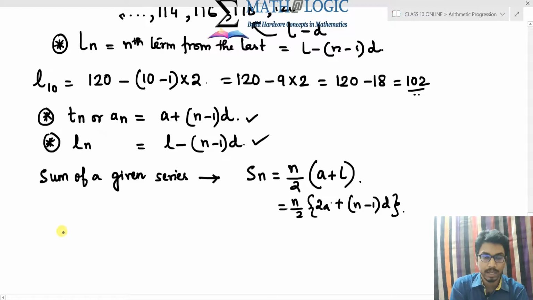See, we can say that Sn is equal to A plus (A plus D) plus (A plus 2D), and so on. How?